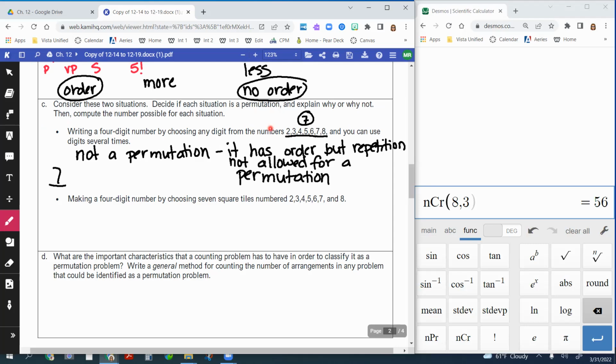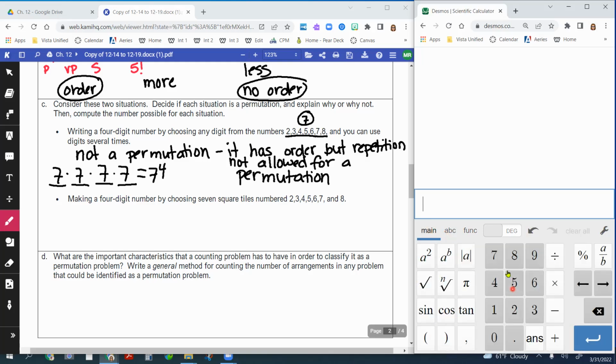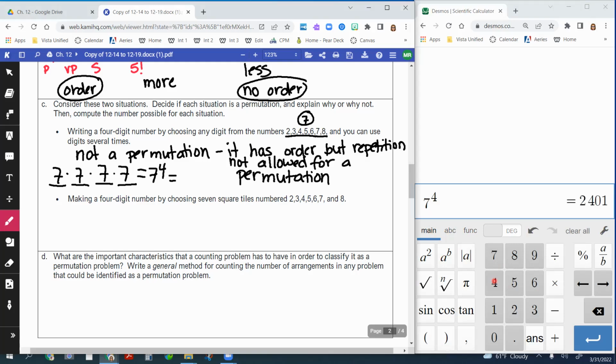So if we compute this, this is going to be 7 times 7 times 7 times 7, or 7 to the 4th. And when I do 7 to the 4th, I end up with 2,401 different ways.